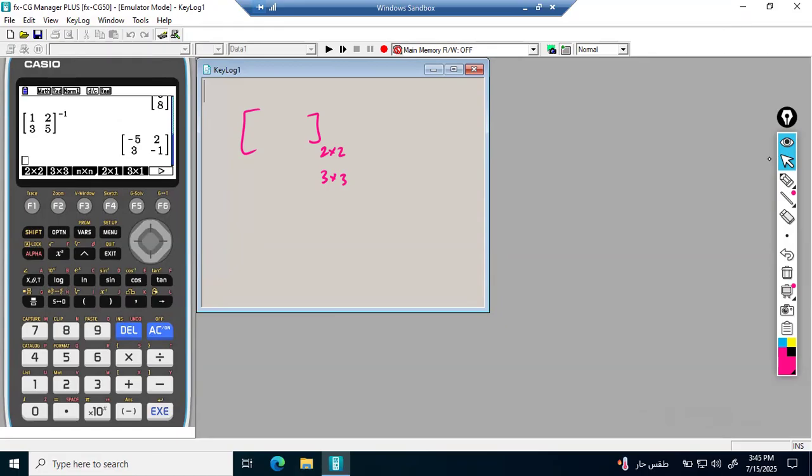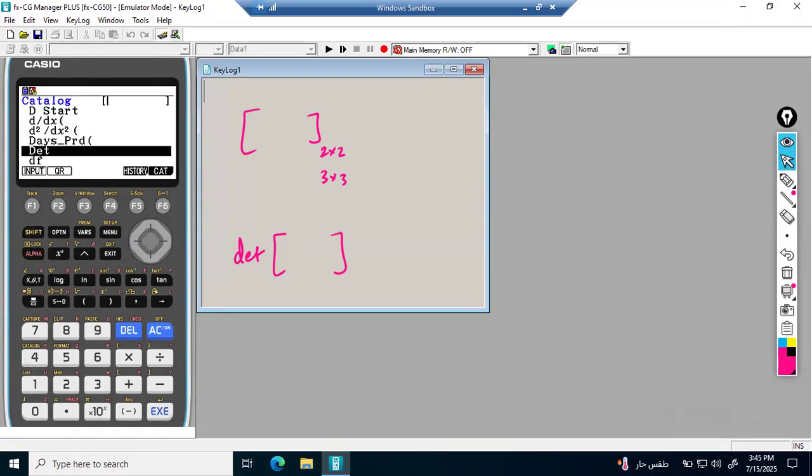Now, the last function we're going to discuss is the determinant of the matrix. How do we get this function on the calculator? Let's find the determinant of the very same matrix here. In order to get the determinant, we go to the catalog. So shift and number 4. We want determinant. So if I don't already have it here, I have to find it by searching for letter D. Then I might plug in E also.